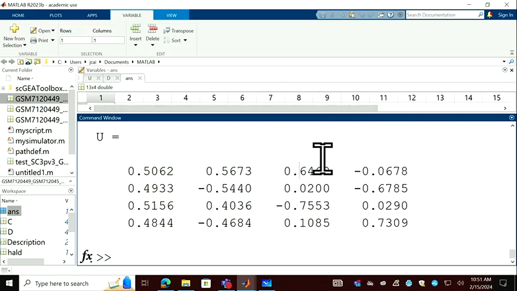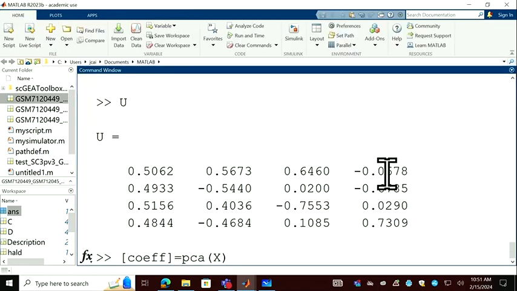Let's see. I can run PCA directly, okay? So if I do coefficient of the PCA and put X in there, here I'm not doing centralized data, not doing covariance matrix, not doing any eigenvalue decomposition.